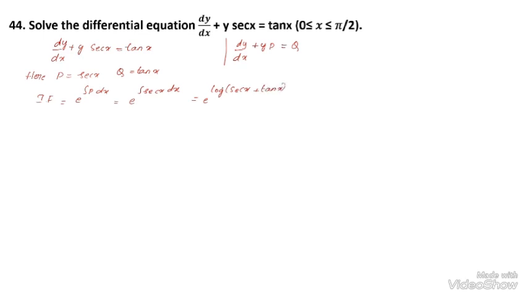Okay. e to the power log of sec x plus tan x becomes sec x plus tan x. Now, by using the integrating factor, the required solution is y into integrating factor equals integration of Q into integrating factor into dx plus some constant.